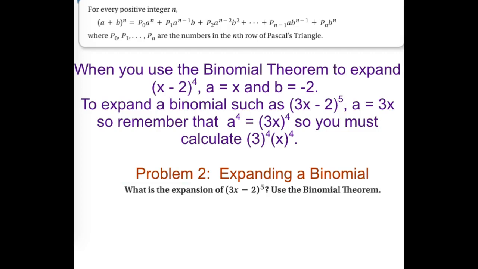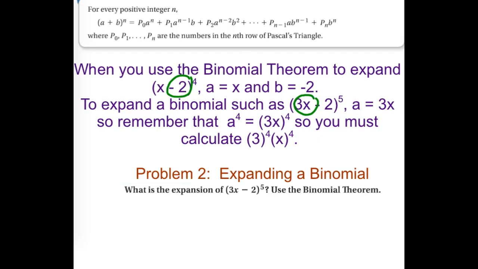So if you have a negative here, I want you to consider b as -2. Think of that as x plus a -2. Okay? If you have coefficients within each term, like the 3x, it's not just a plain x or a plain a, now it's a 3x.